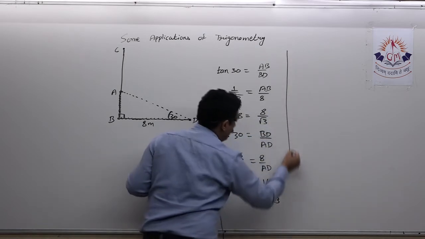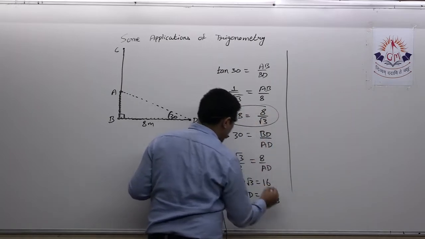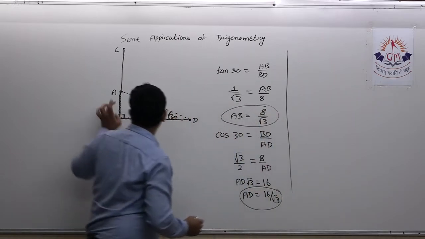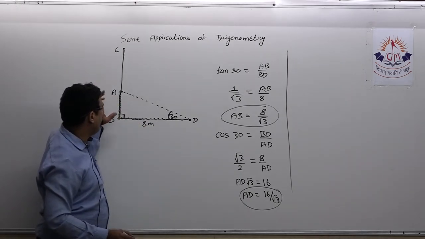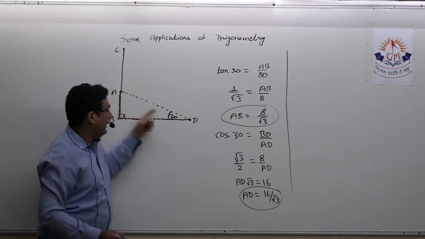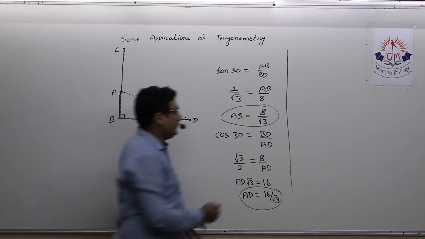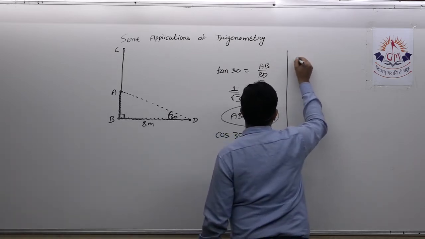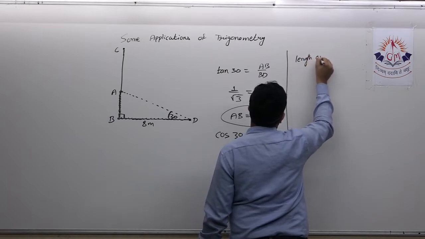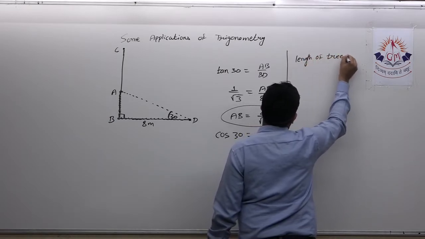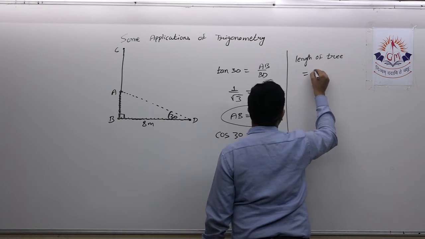Okay, so I got the value of AB, I got the value of AD. So AB plus AD gives you the length of the tree, because AB is the part of the tree which is still over there and AD is the broken part of the tree. So the length of the tree is equal to AB plus AD.